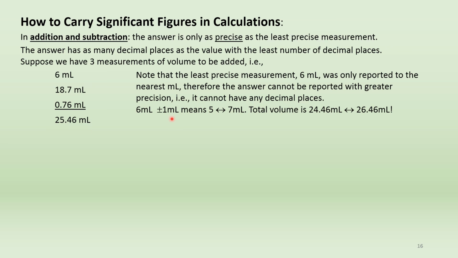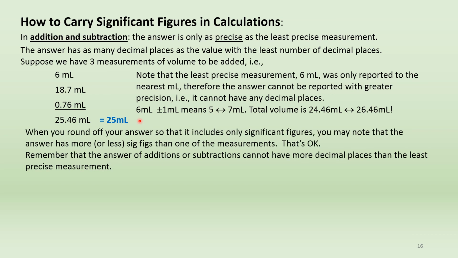That means it could be anywhere between 5 and 7 mils that was originally in the beaker. So for sake of argument, the total volume really then could have been not 25.46, could have been 1 mil less or 1 mil more, could have been anywhere between 24.46 up to 26.46. And so really we need to round that to the nearest milliliter. We report that as 25 milliliters.